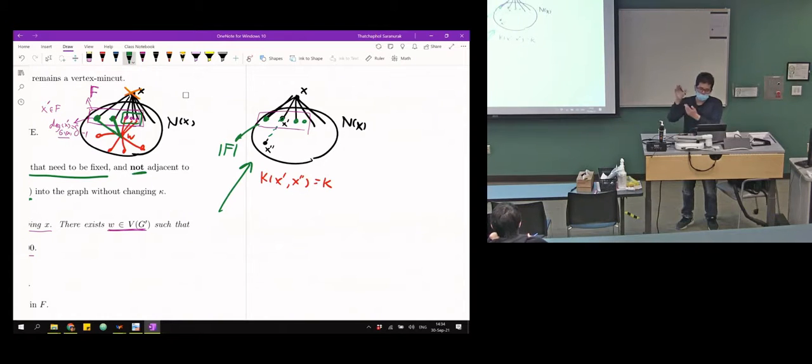If this is kappa, then you are done. Otherwise, you add an edge and you fix it. You do this for everyone in F, so you just need F min-max flows.